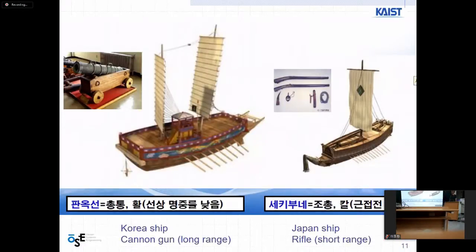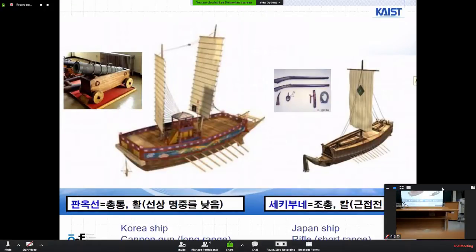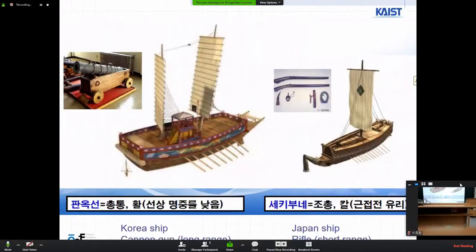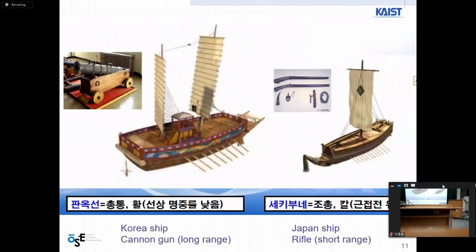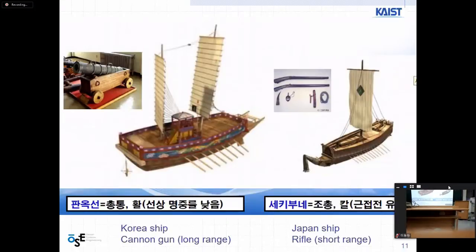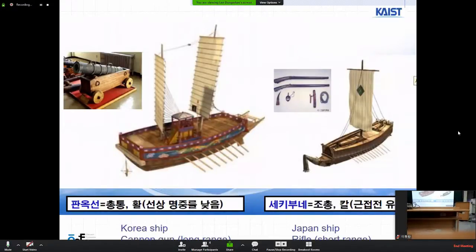So you can expect that they want to fight far away, right? Long range guns are coming. And the Japanese want to come close to the ship and fight nearby, using rifles and knives. So tactically, they have differences.